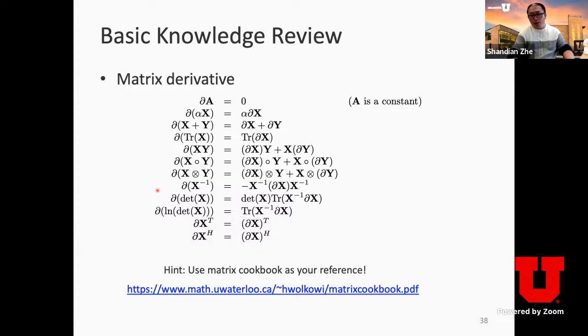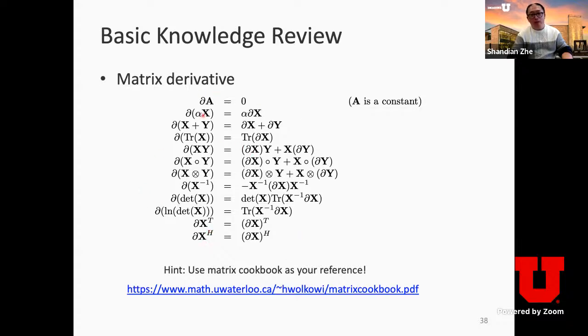Don't try to do it element by element and then summarize into a matrix form. Instead, if you have a function of vectors, try to decompose it with the chain rule, and then reduce each component into the atomic rules listed here.